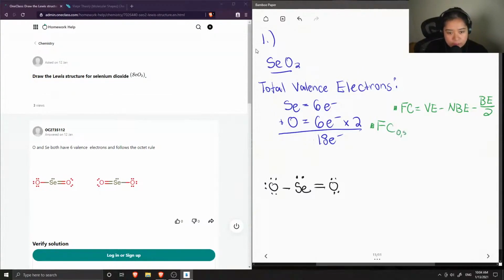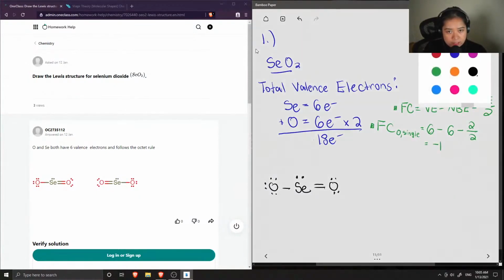I'm just going to write oxygen that is single bonded. It had 6 valence electrons, and it also has 6 non-bonding electrons. And there's a single bond with the selenium, so we have 2 bonding electrons divided by 2. So this tells us that our single bonded oxygen contains a negative charge.